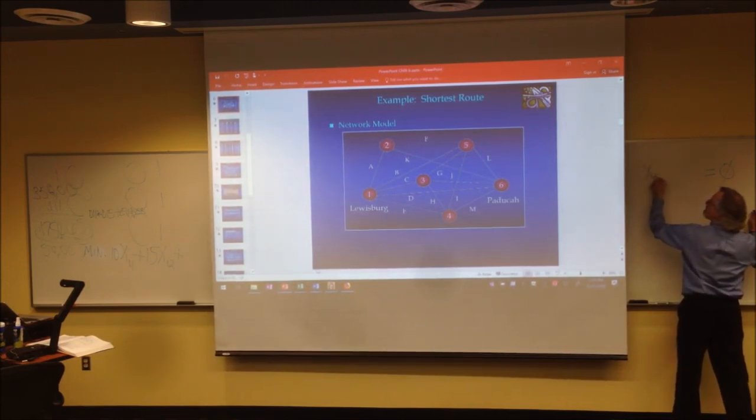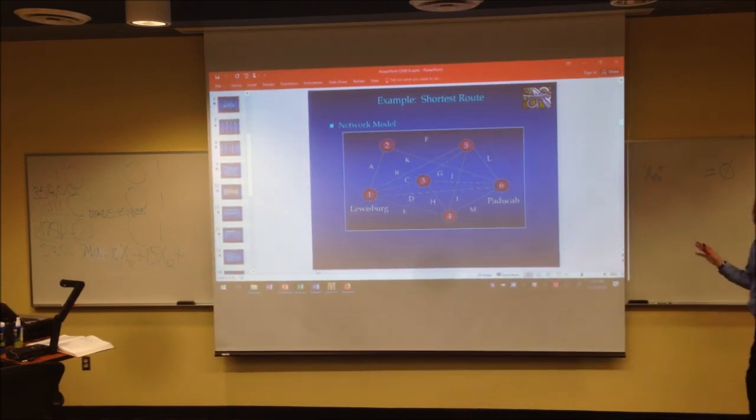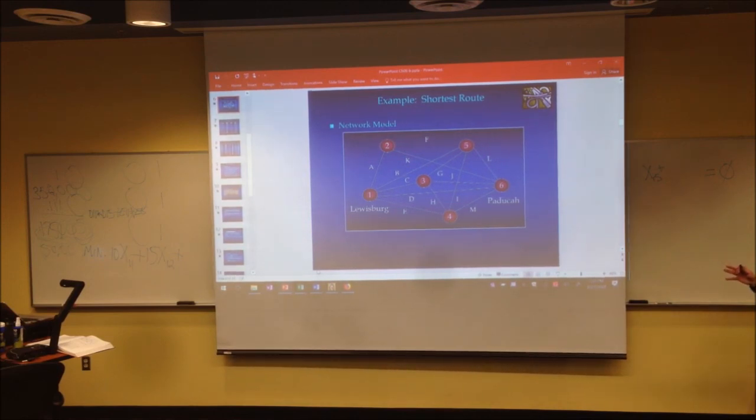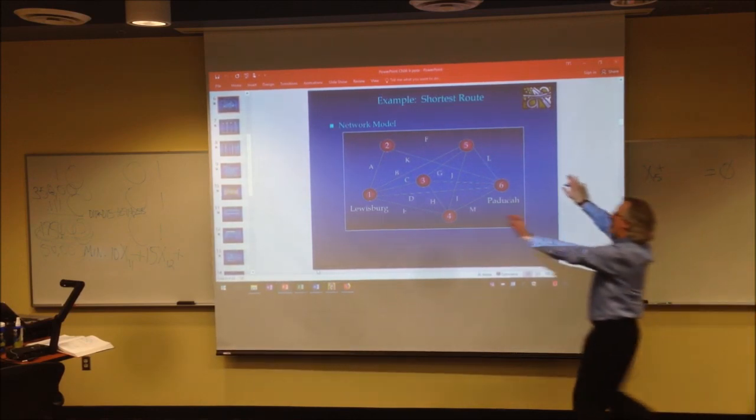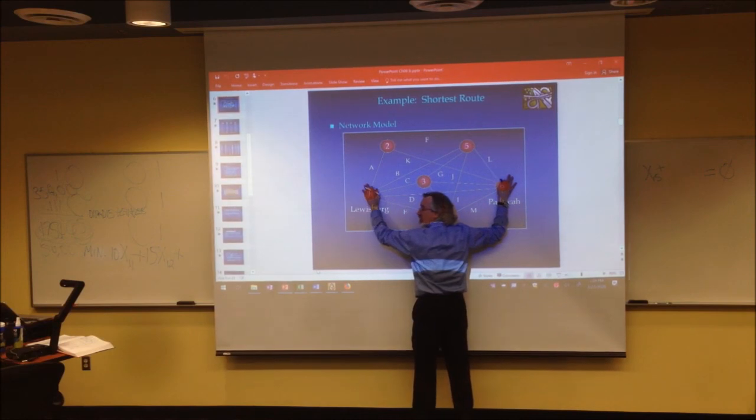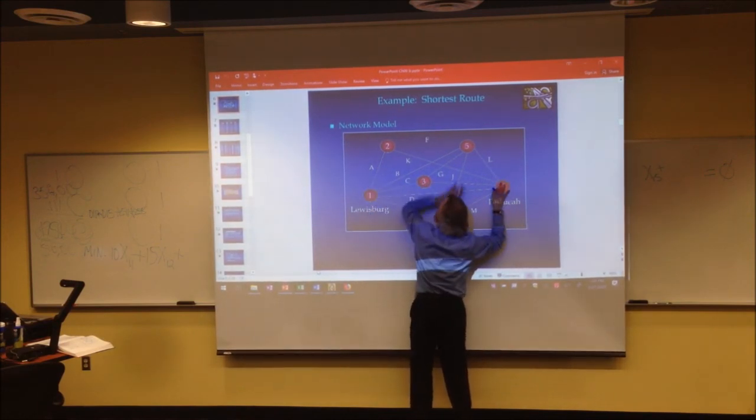X15 plus, oh, I almost forgot. Arcs going into the node are either plus or minus, but the ones leaving have to be the opposite. Once you do your first constraint, you decide what's positive and what's negative, and you have to be consistent on every one of those, for what's coming in and going out. These two nodes are a whole different rule; I'm just talking about the middle ones.